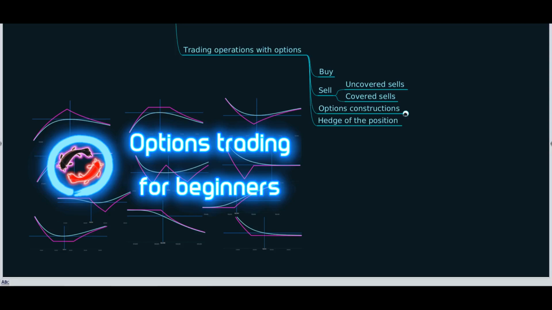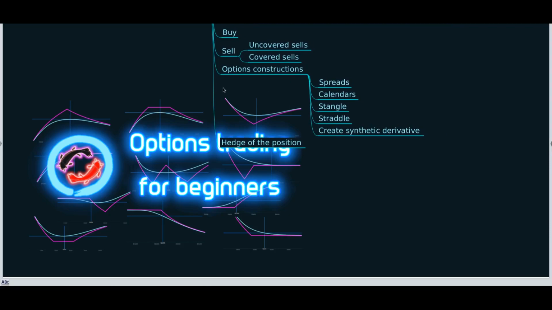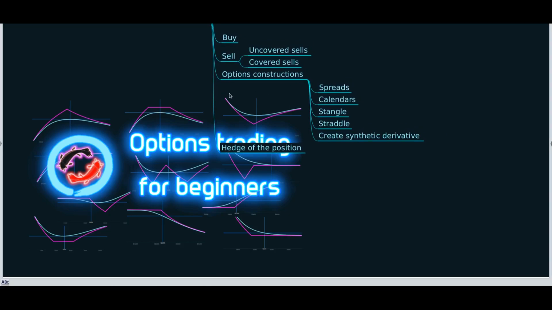Let's take a look at the last point: option constructions. There are a lot of different option constructions. I just highlighted a few of them to allow you to get some understanding. Synthetic derivatives we already looked at in the hedge of position explanation. Let's take a look at spreads.